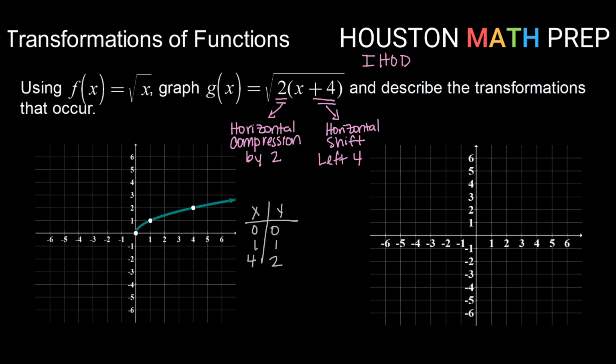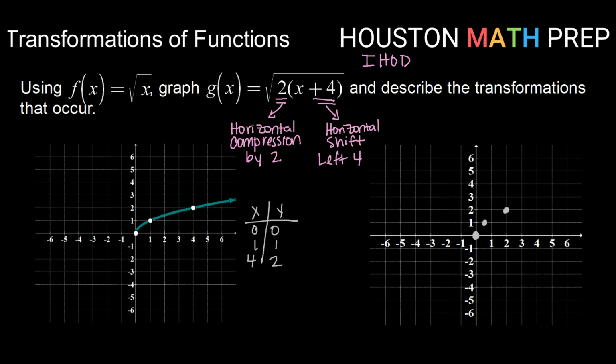So (0, 0), taking 0 and dividing by 2, that's still 0. So my (0, 0) point is not moving. (1, 1), taking 1 and halving it or dividing it by 2, now I'm going to be at (1/2, 1). So again, I've taken the distance from the y-axis and I have halved it. (4, 2), taking 4 and dividing it in half, now I'm at (2, 2).